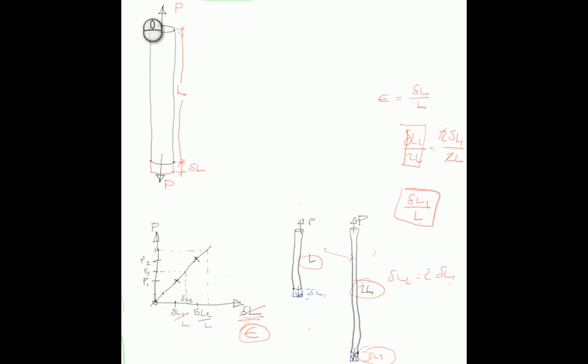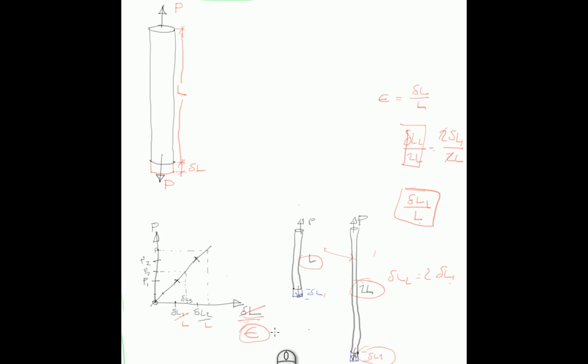Okay then, so in the same way that we looked at the difference that was made by having a sample that had a different length, and how we dealt with that by measuring this quantity strain instead of the change in length, which is the change in length divided by the original length.